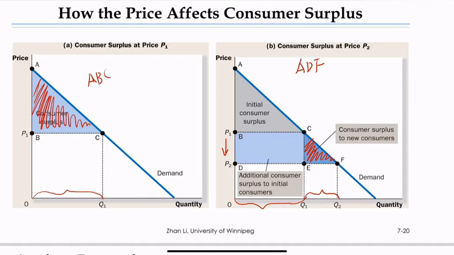Because they're buying these additional quantities, and the price is actually lower than their willingness to pay, there will be some additional consumer surplus because new buyers are entering the market. So this decomposition is actually quite interesting, and it could potentially be an exam problem or homework problem.